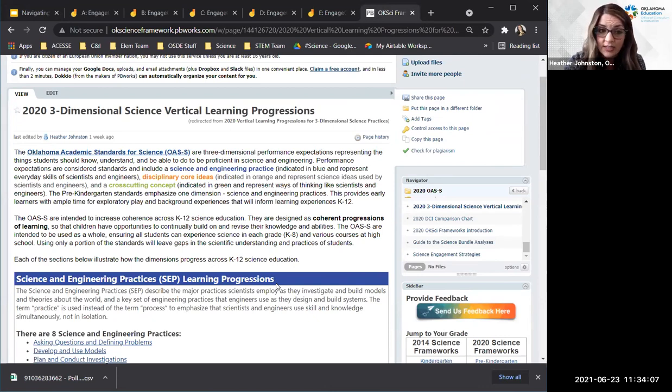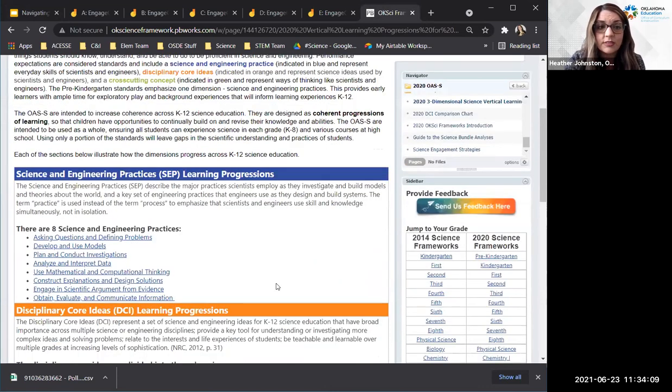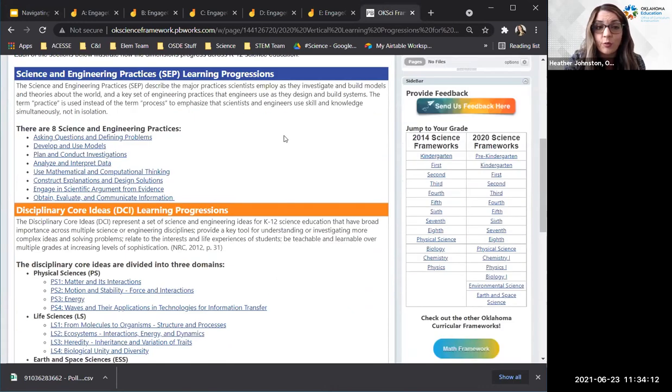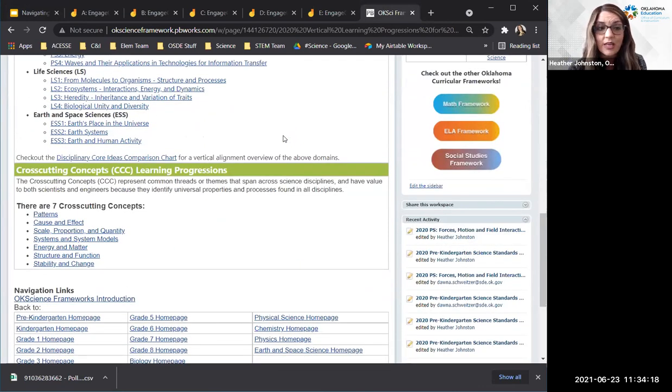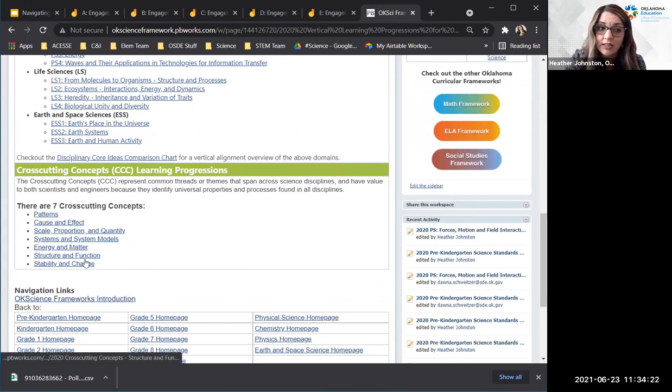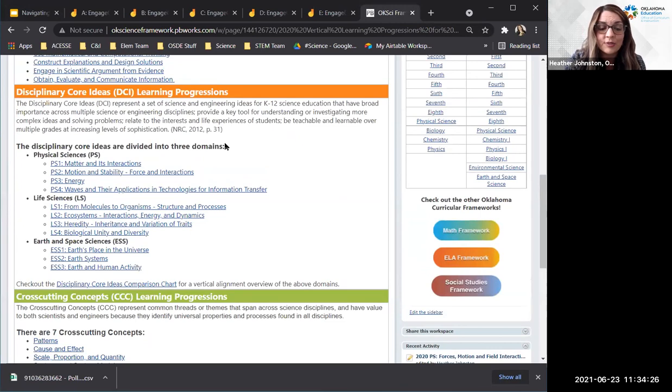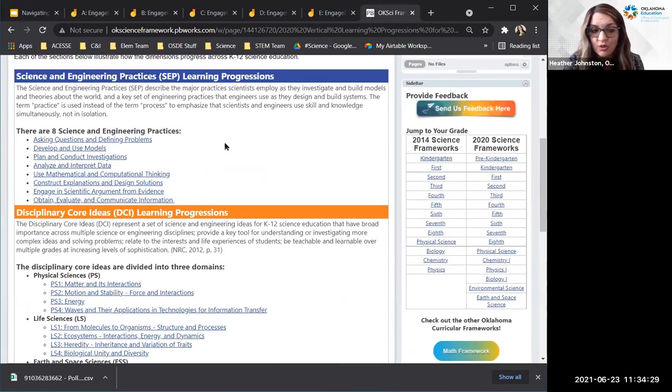Now on this page, there's a little introduction, but you will see that we have the 3 dimensions, SEPs, our DCIs, and our CCCs. And you can see that under each dimension, we have listed the different concepts or domains, practices, and so forth.